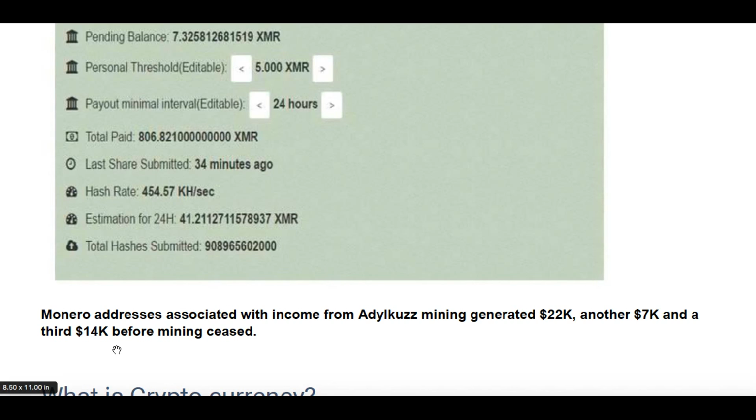Five figures means your daily profit goes into millions and millions of dollars. Unlike ransomware, no demands for money are made of victims. They are not demanding any money from you, but instead they are only utilizing the performance of your computer. The malware is deliberately stealthy.